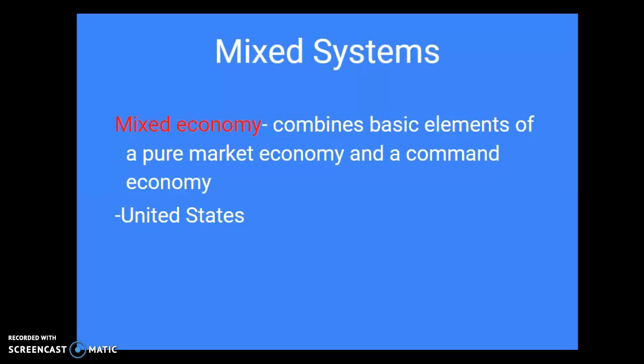And our government does own some property. When they talk about maybe campgrounds or national parks, the government does manage these things as well. So they do have a little bit of say in our economy, especially with taxes and with the interest rates as well.